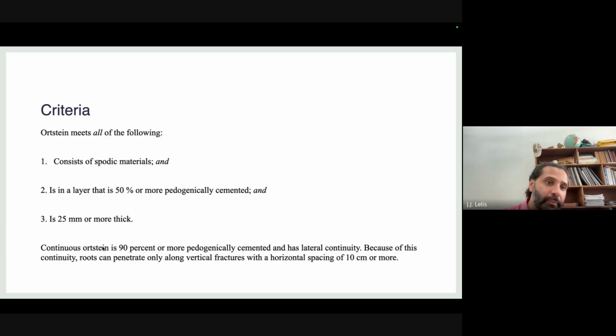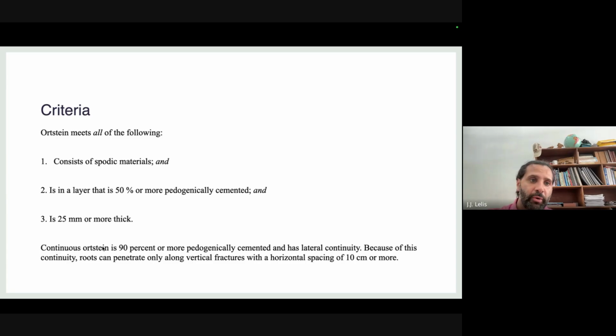So it's quite common when you have ortstein, especially if the ortstein is close to the surface, that these soils suffer of flooding. So in the rain season, in the wet season, it's quite common that the soils will be flooded, 100% flooded.